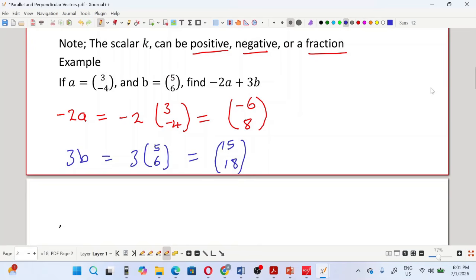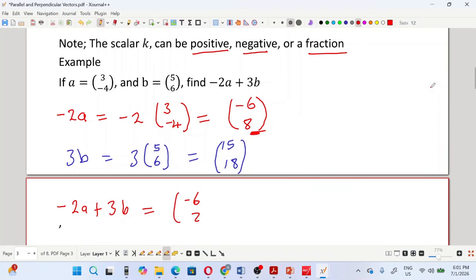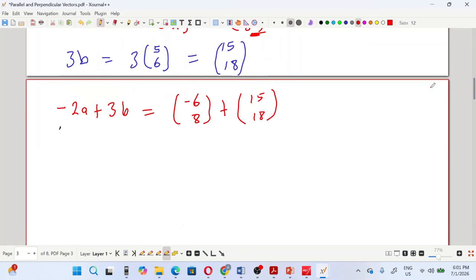Before you move on, you already did addition and subtraction in the previous lesson. So therefore, we can say -2A + 3B is going to be equal to the whole of this plus that. So we now have (-6, 8) + (15, 18). We already did addition, right?